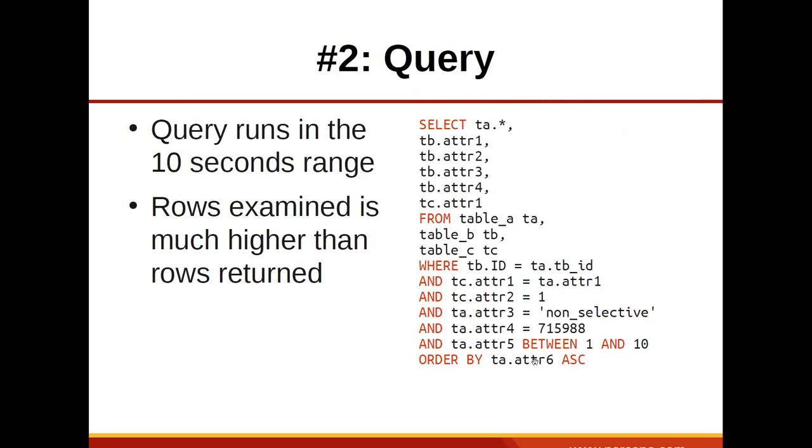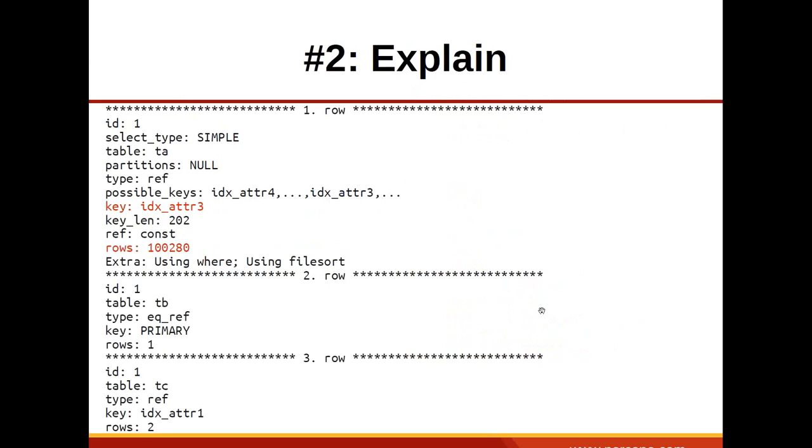We are using a comma join here, the comma join syntax, so the join conditions are appearing in the where conditions also. And we have some filtering conditions on some tables. And that's it. So what should be the issue?